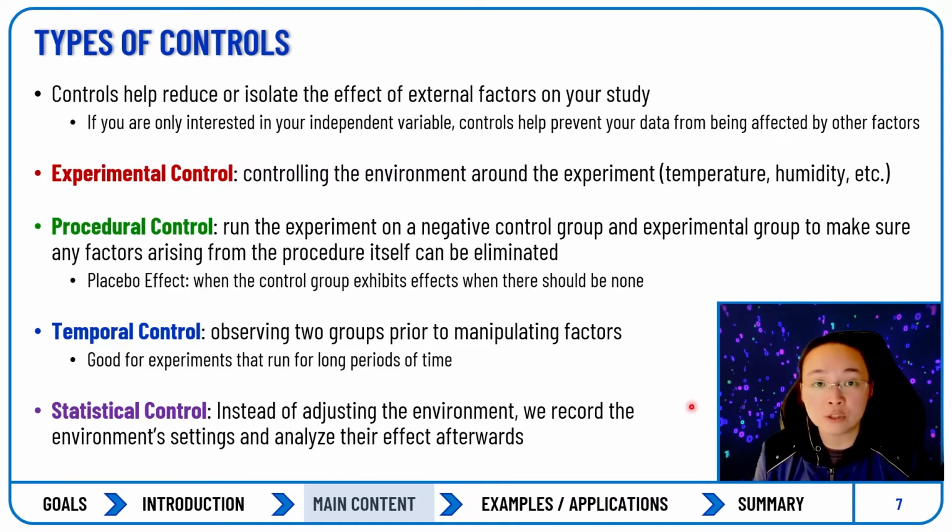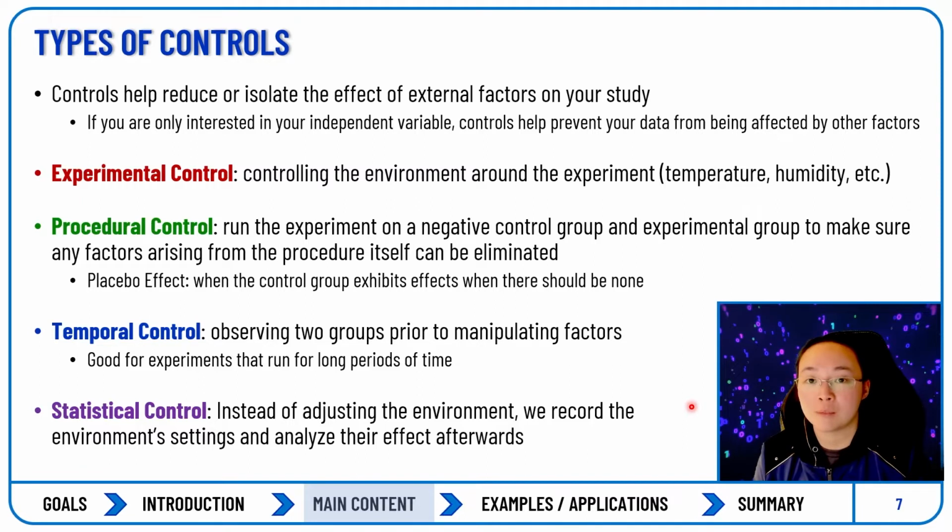Now, a procedural control is when you run an experiment on a negative control group and an experimental group. You've probably heard of the placebo effect before. In terms of the treatment group, they actually get the real drug, and then the other group, the negative control group, gets basically a water pill, something that does nothing.